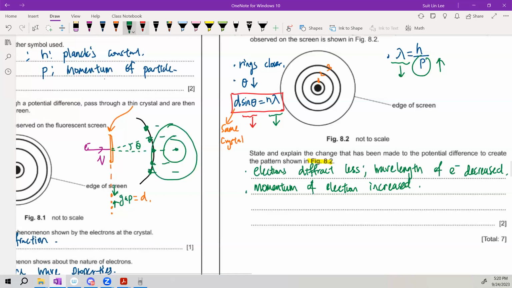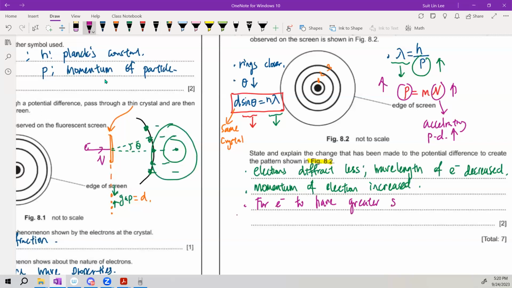Because momentum is equal to mv, for momentum to increase, the velocity will have to increase, which means the accelerating potential difference will increase. Hence, for the electron to have greater speed so that it has greater momentum, the accelerating potential difference is increased.